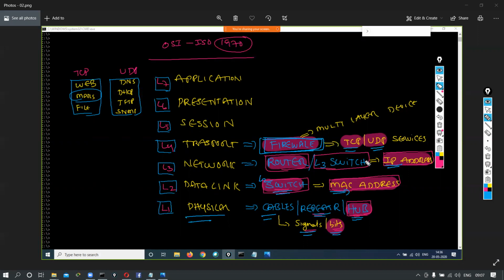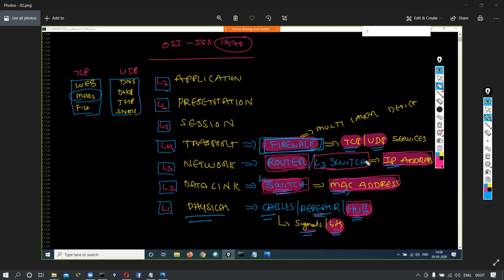If you want to move from this street to the neighbor street, what will you do? Is a bus required? Only 100 meters is there, walking is enough. That is your transport. If you want to go to your PG, 2 kilometers away, a bus is not required, a two-wheeler is.